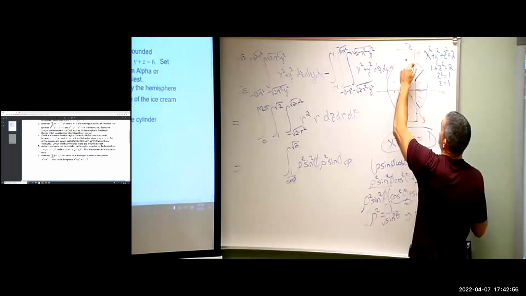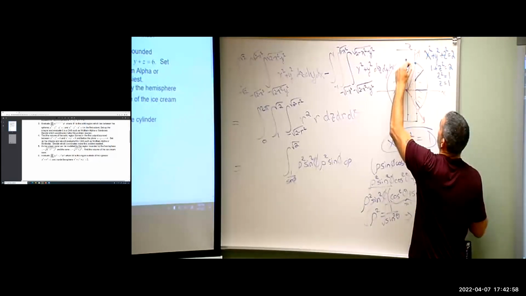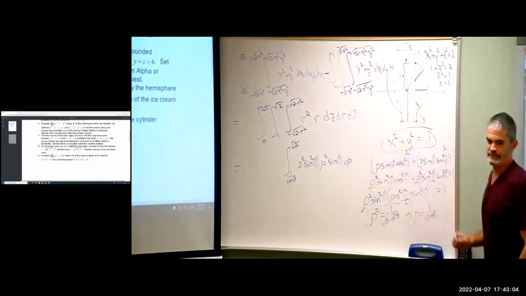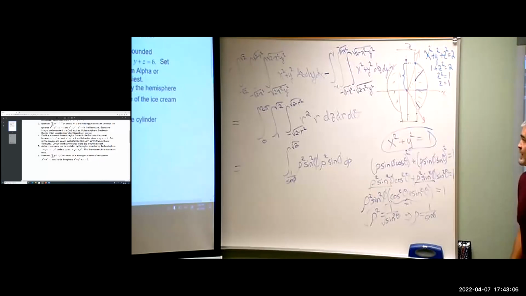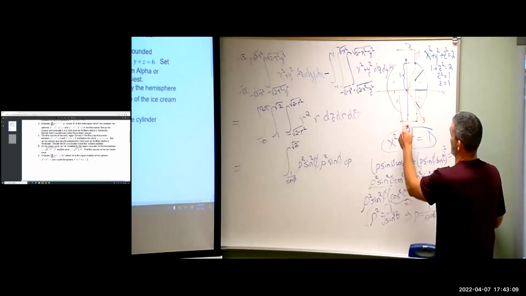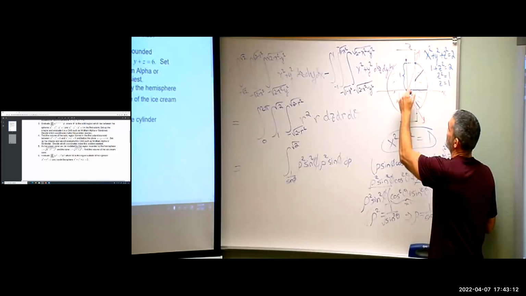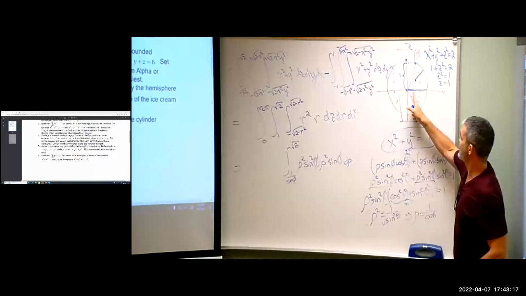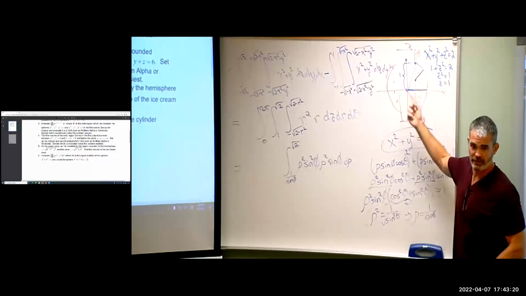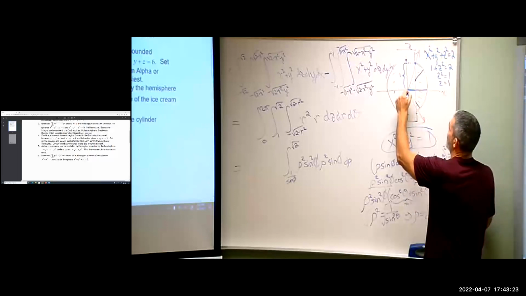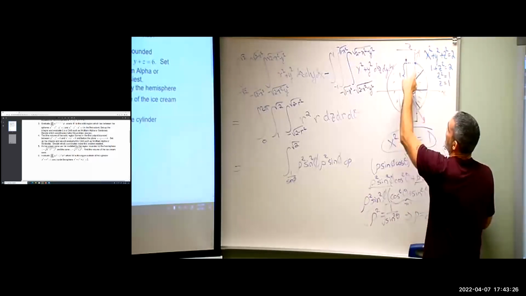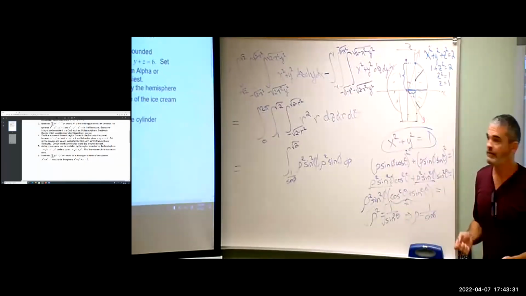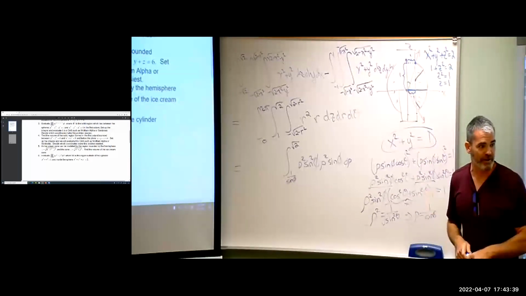So z equals square root of 1, or 1. That tells me that this point right here is at a height of 1. Everybody okay with that? Similarly, this distance here, my drawing is obviously not to scale, is the radius of our cylinder, which is 1. So now we can find this angle using right angle trig, the angle another way as opposed to the last one.